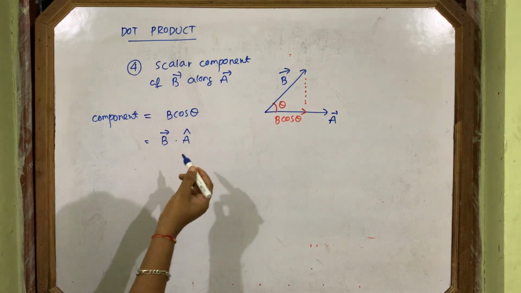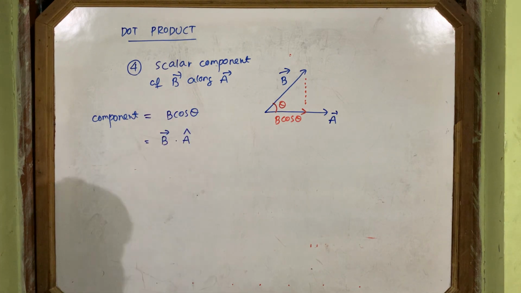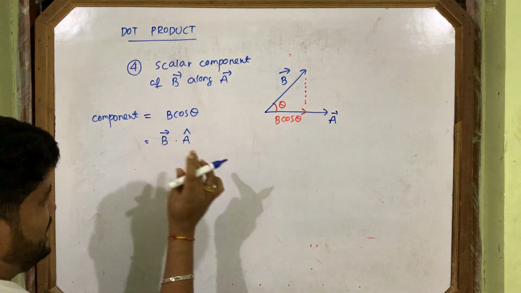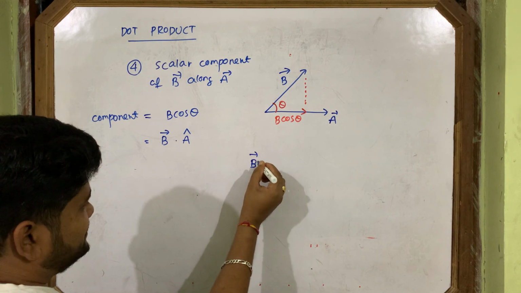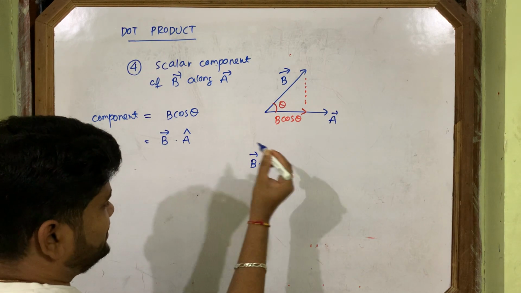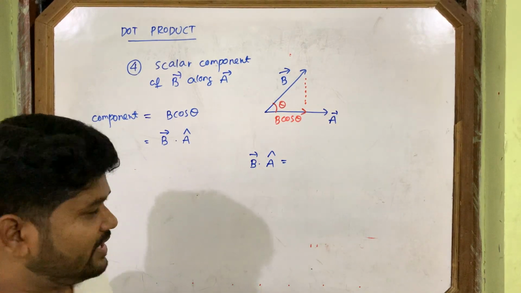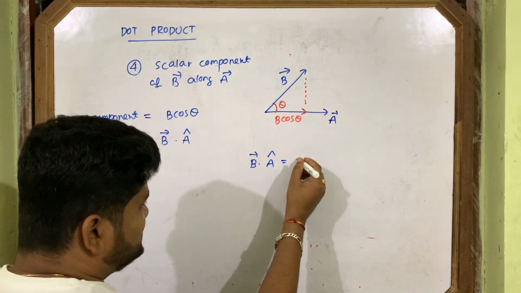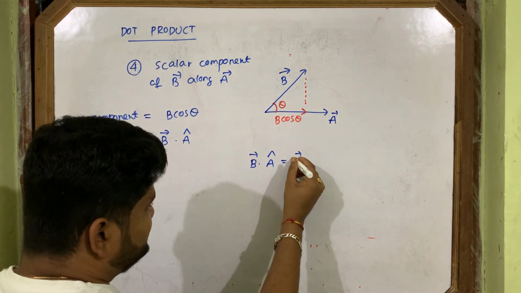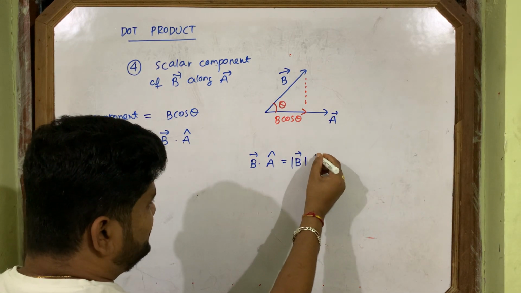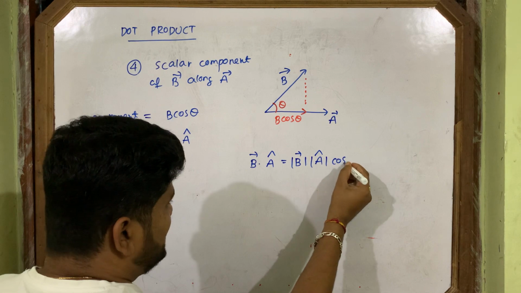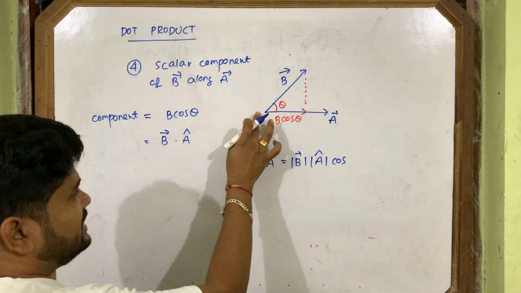If you want to know how this is B cos theta, I find B vector dot A cap. Both are vectors: first vector's magnitude, second vector's magnitude, then the cosine of the angle between them. What is the angle between B vector and A cap?